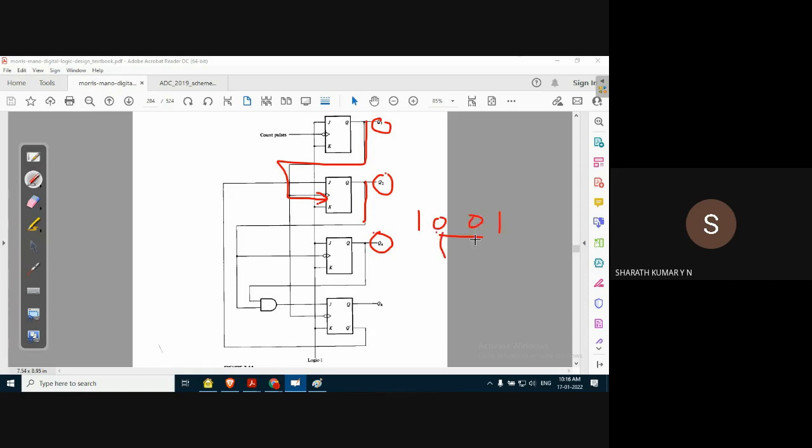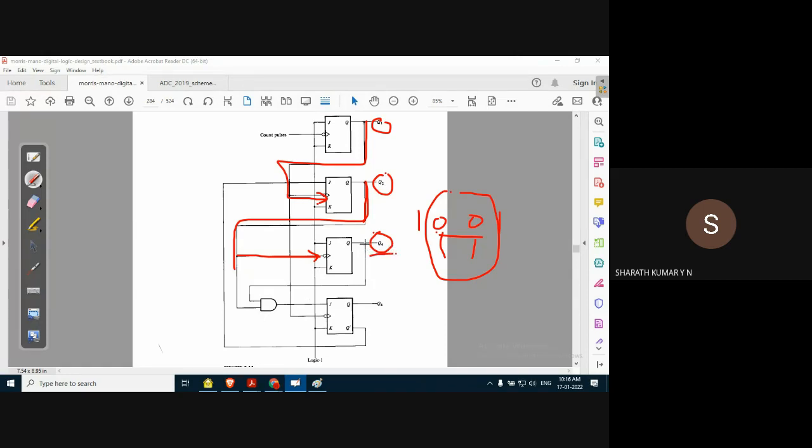So for that, Q2 is ANDed. Q2, if you observe, is applied as a clock pulse to the next stage. Of course, because whenever Q2 changes state, Q4 should also change state. Not a problem.